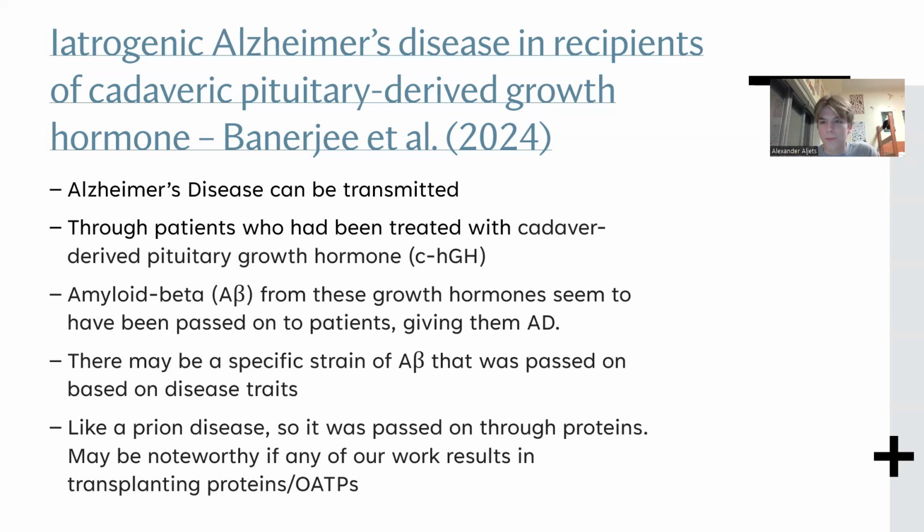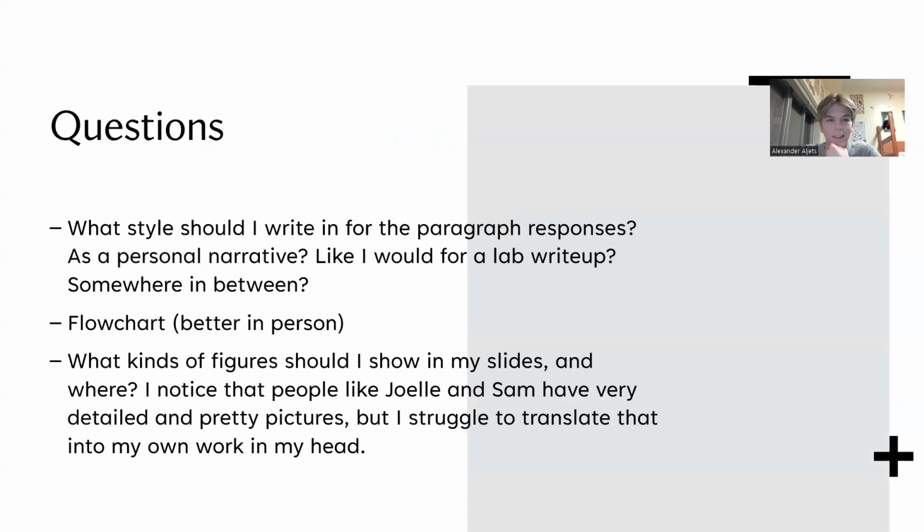I don't know how applicable this would be to our data, but intuitively, if a protein is put into another person and it causes a disease, then if we put a protein into a person, like the variants or something, it could cause another disease. But obviously, I don't think this is a huge deal with liver transplants or something like that, unless it is. But I just thought it was an interesting paper that had to do with Alzheimer's disease.